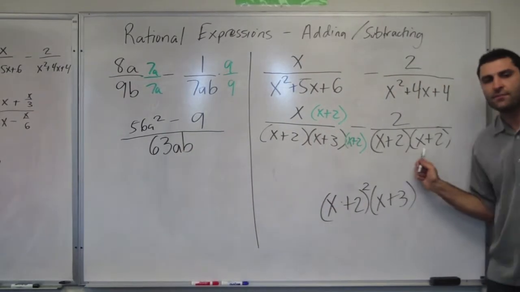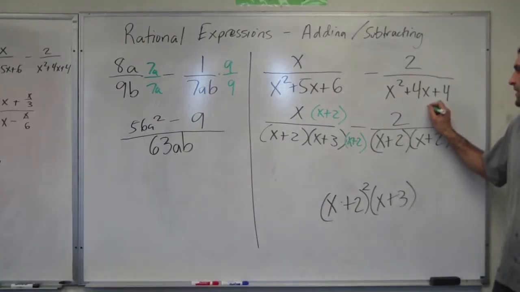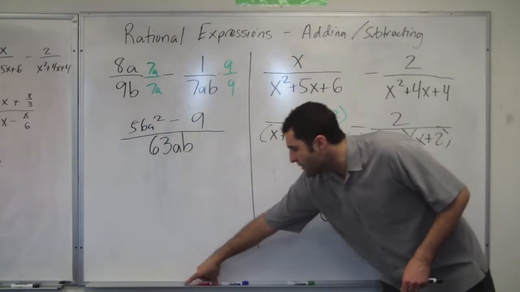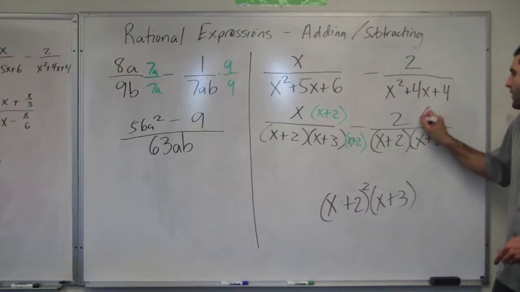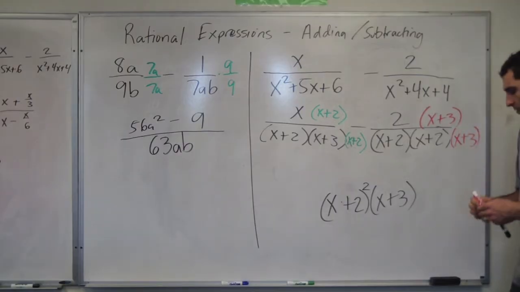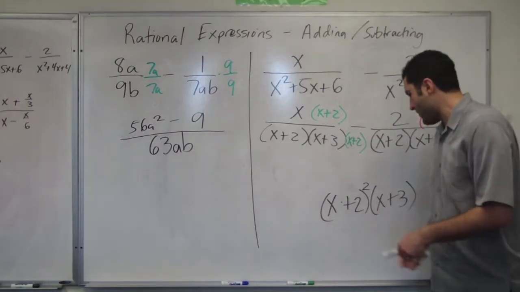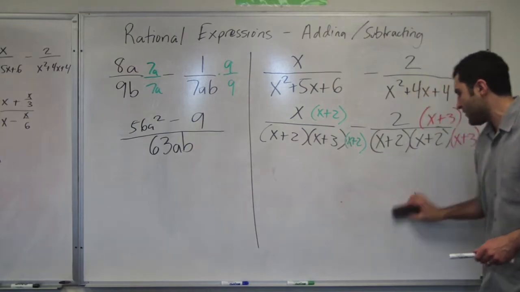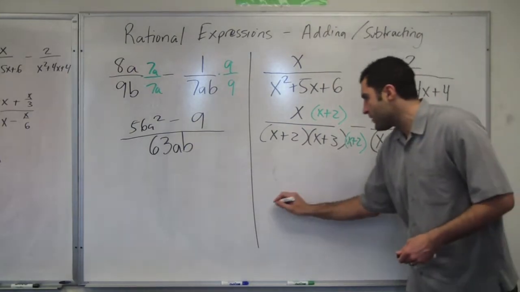So what does this need? X plus 3. X plus 3 in addition. Let's go with that. There we go. X plus 3. And now we distribute. I'm going to write 2 steps. Distribute the top, please.